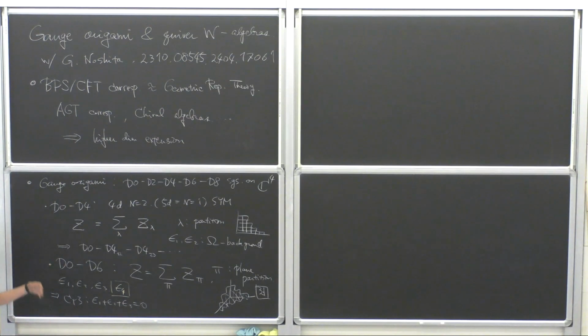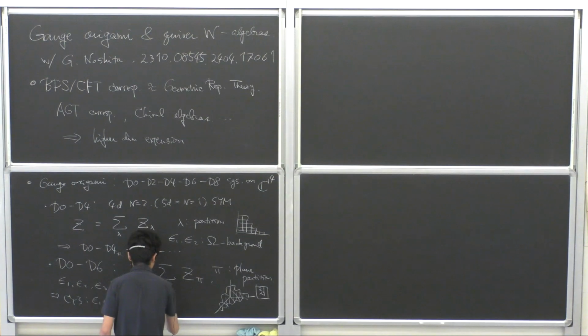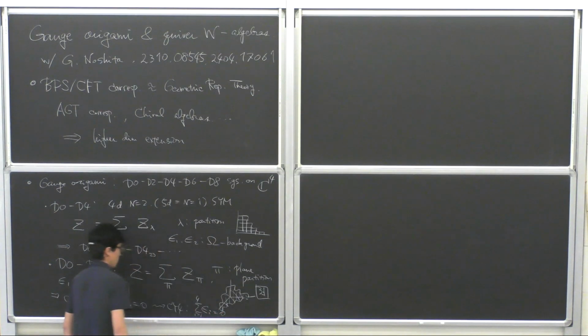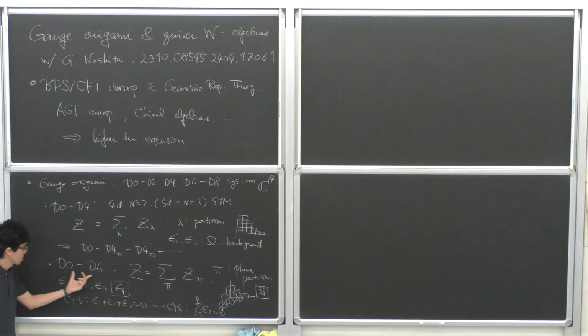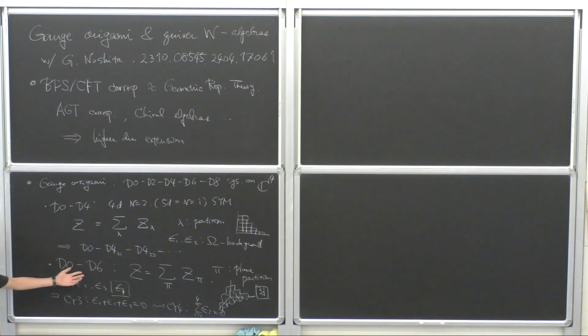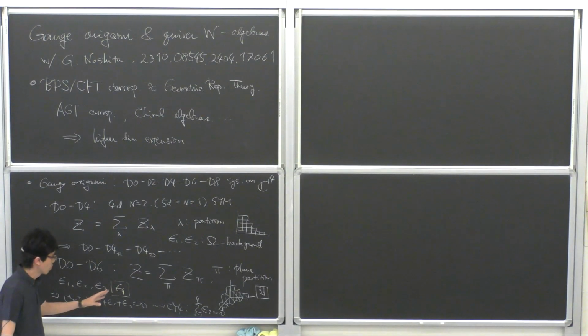Then the Calabi-Yau condition should be promoted to the Calabi-Yau 4 condition, that means the sum of epsilon i, i from 1 to 4, equals 0. If you immediately realize D0-D6, it's natural to impose the Calabi-Yau 3 condition. But now we realize D0-D6 as a subspace of Calabi-Yau 4, so now we have one more parameter basically.